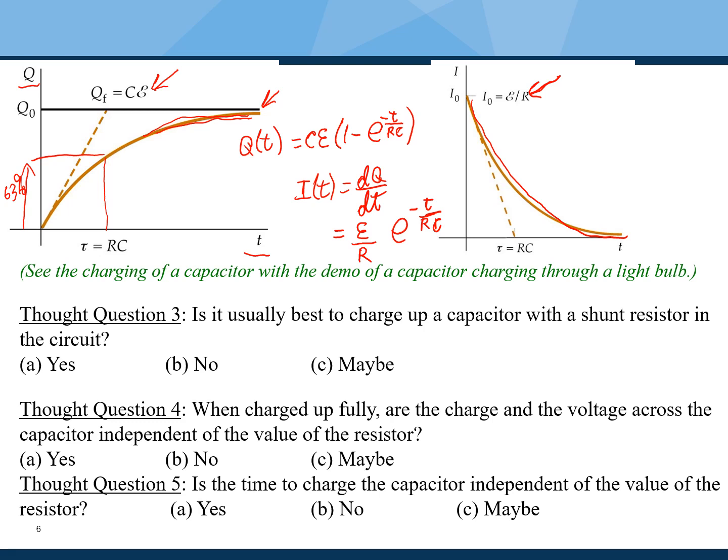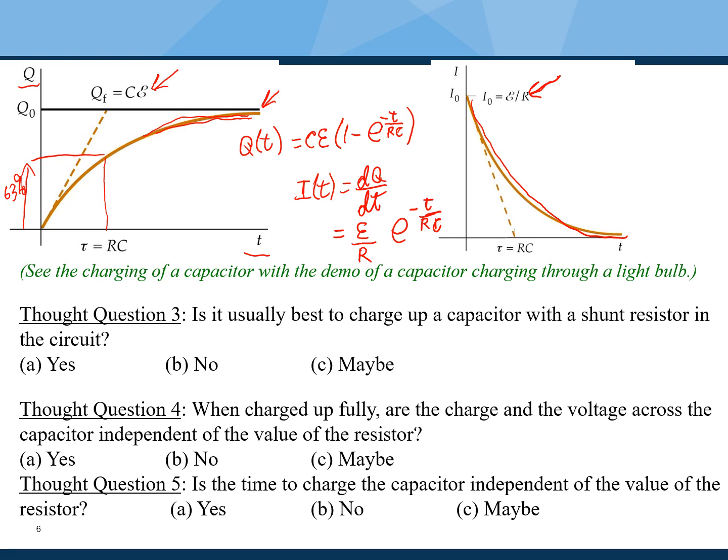Now, the next thought question asks us: is it usually best to charge up a capacitor with a shunt resistor in the circuit? Notice that capacitors have this tendency that they can get charged up very, very fast, and they can also discharge very, very fast. What happens when a capacitor discharges very fast?